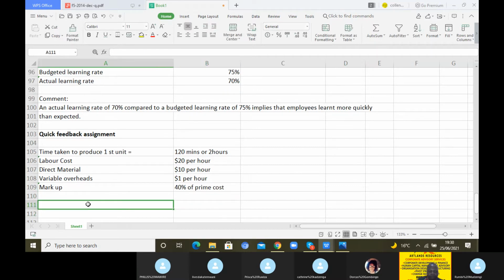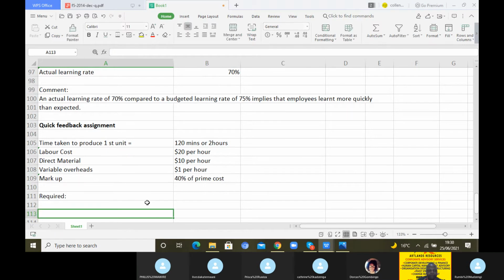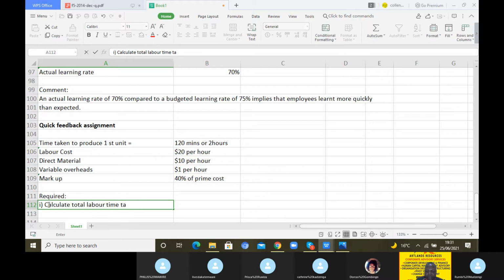Then required. One, calculate total labor time taken to produce 50 units.